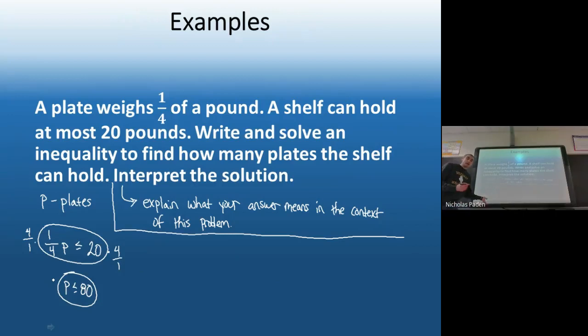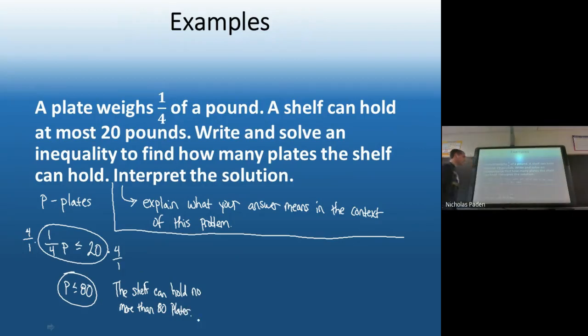And that is exactly what interpreting the solution is. What does this answer mean for this question? Well, P is less than or equal to 80 means the shelf can hold no more than 80 plates.